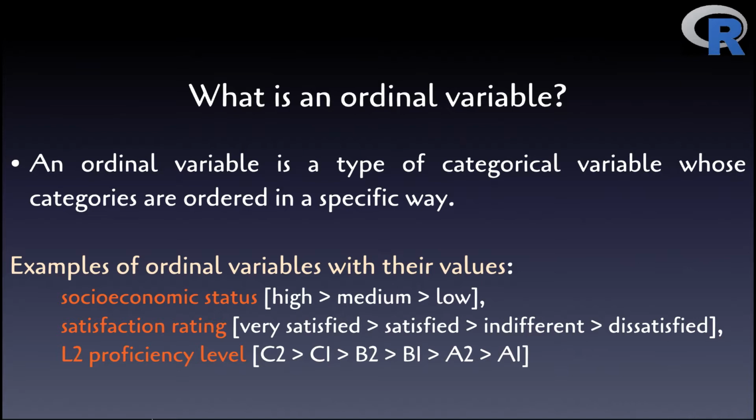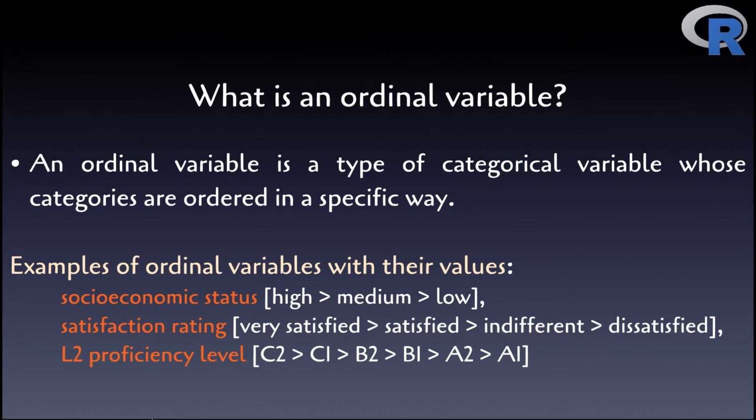Satisfaction rating is another ordinal variable since its values may be very satisfied, satisfied, indifferent, or dissatisfied. These values can be ordered by anyone in the same order, whereby very satisfied is the highest ranked value and dissatisfied is the lowest ranked value.